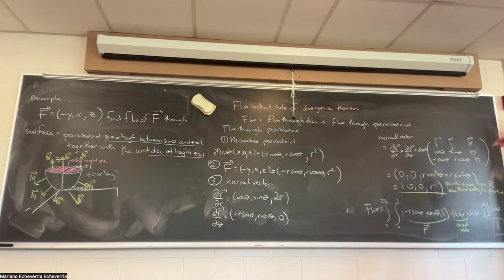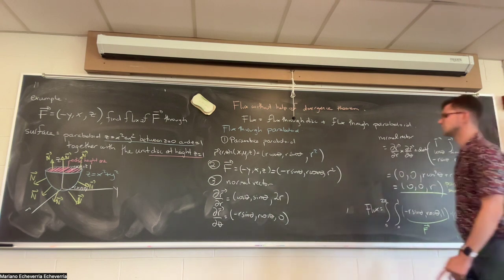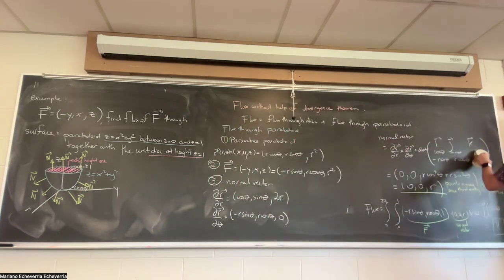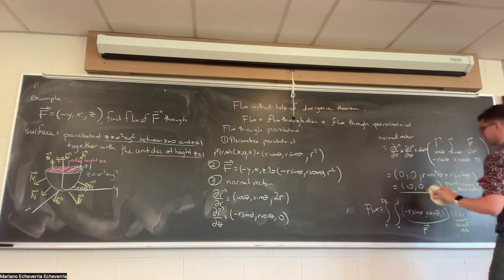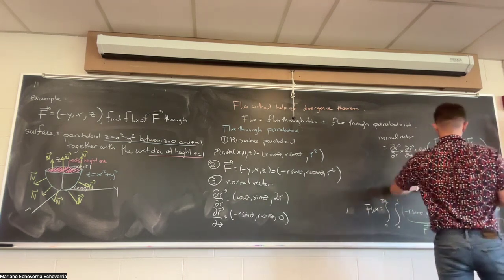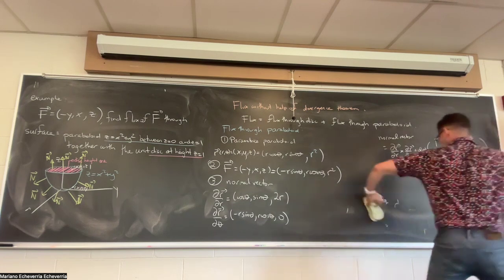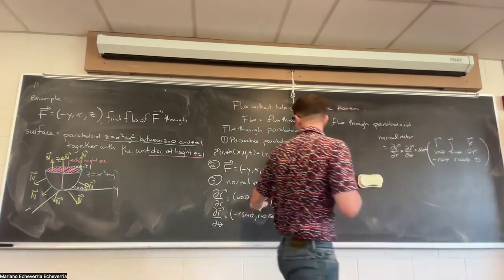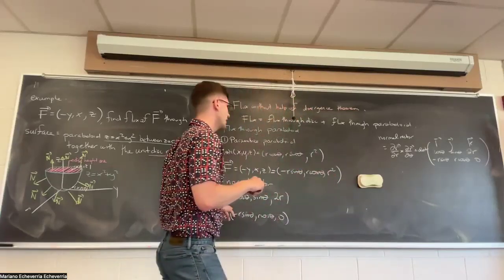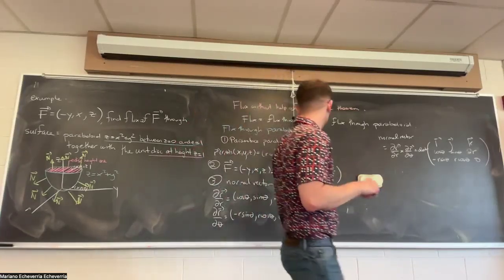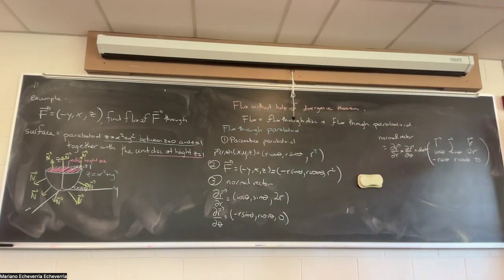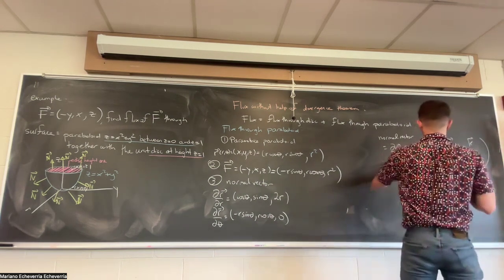So for the normal vector, again, my first guess is to just use this cross product and you'll see what happens in this case. So it's now cosine, sine, 2r, and then negative r sine, r cosine, and 0. The only thing that I changed was this one, but it has an important effect on what happens next.